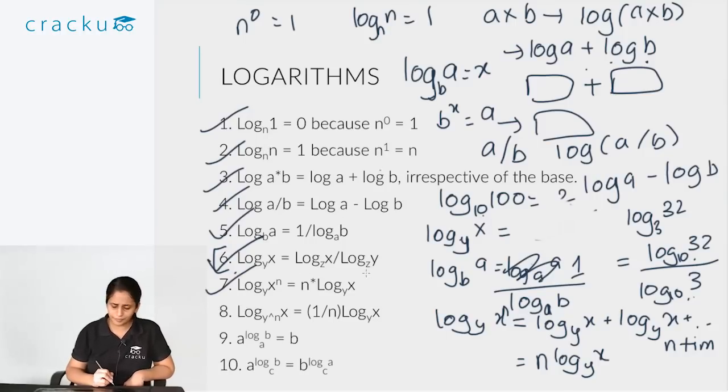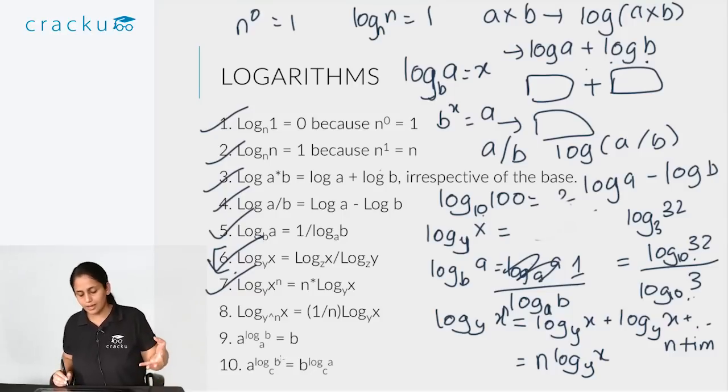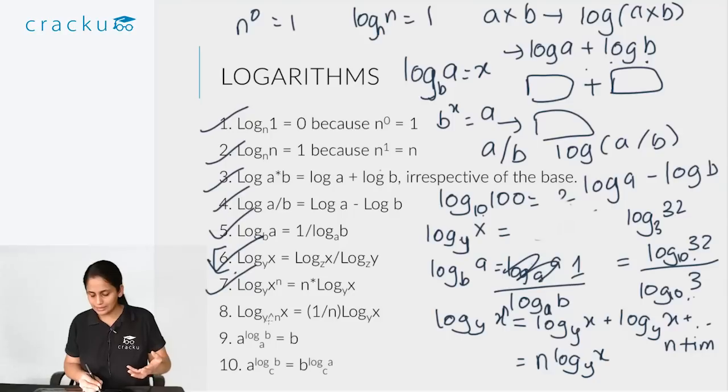Similarly, if the base is raised to n, I'll convert it to base y first, and by using that I'll then calculate. I'll first convert both sides into log to the base y.